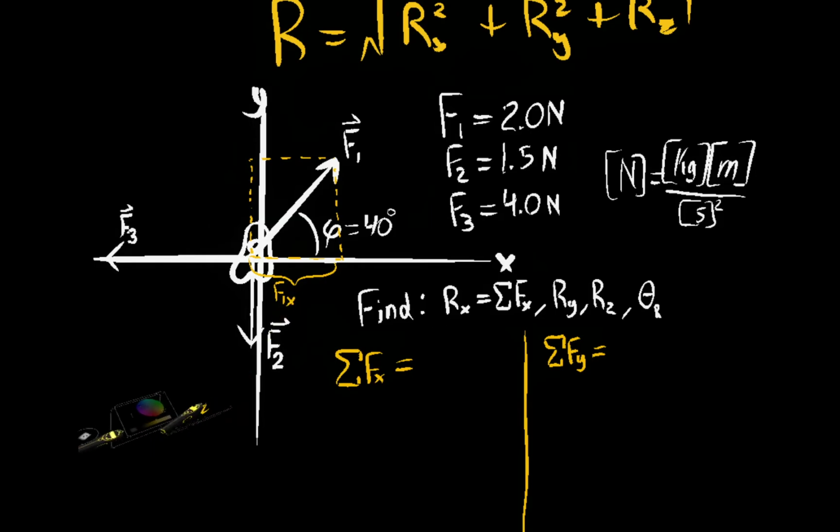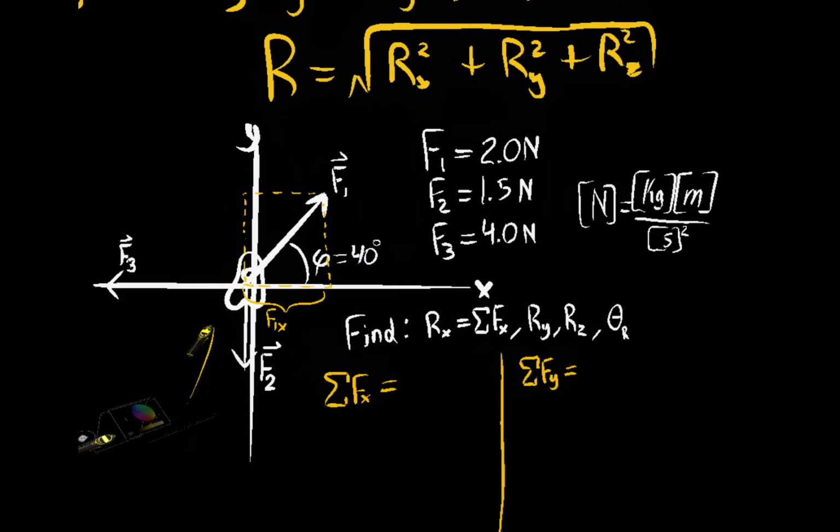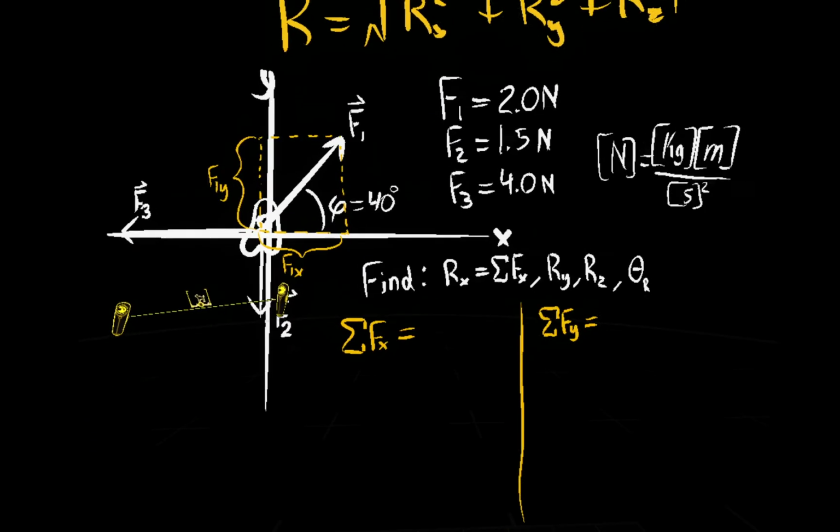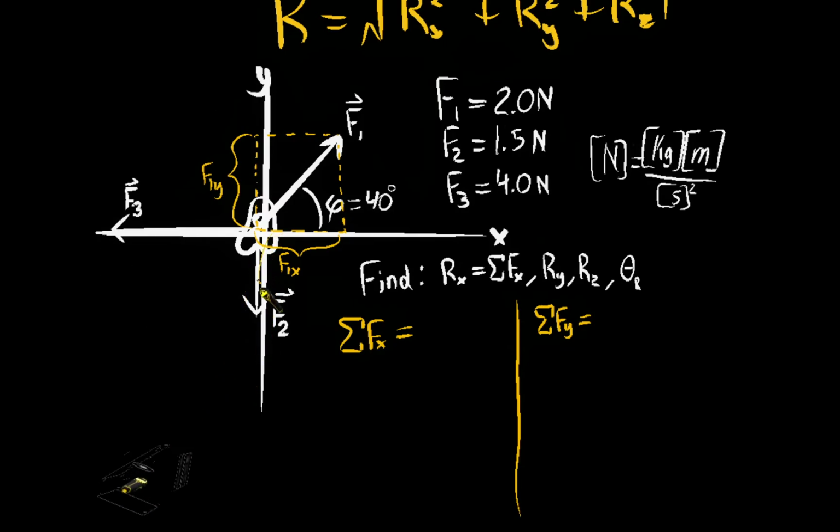So I'm going to say F1x, and this here is the part of it that is in the y, F1y. So we have to consider the components of each, right? If we ignore it, we're ignoring this force F1's contribution in the x direction. So we have to include it.